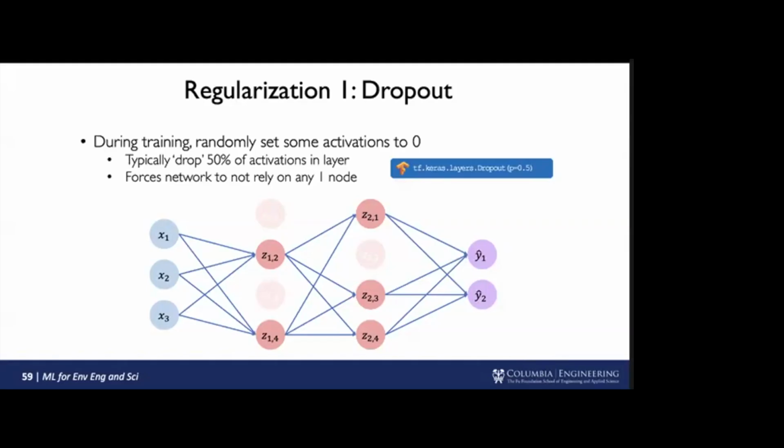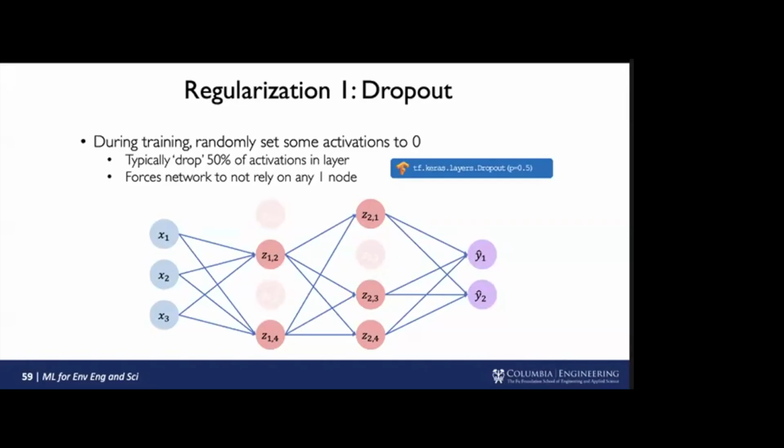So, several different regularization methods. First, we have covered dropout. Now, let's go deeper. During training, dropout randomly sets some activations to 0, as we mentioned. That's the definition of dropout, right?